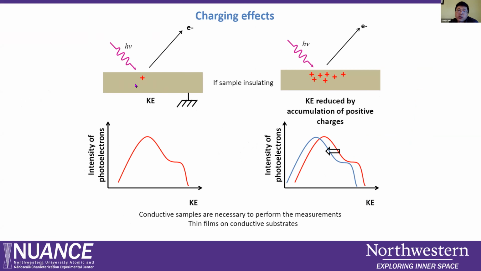So this shows you, for XPS, you use the X-ray on the surface and the electrons come out, and basically you have a hole. If your sample is conductive, free electrons come in to compensate, and you can continue the analysis. But if your sample is insulating, there is a hole here and no free electron can move in because it cannot move freely.